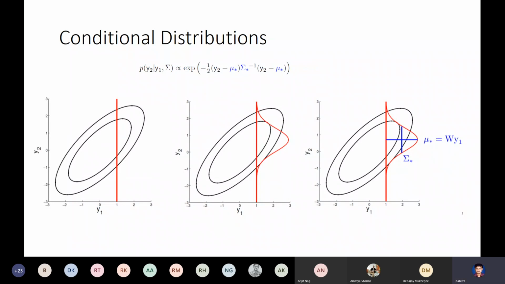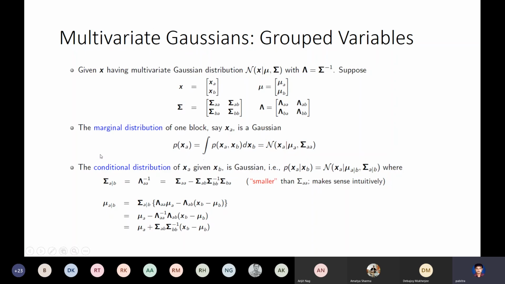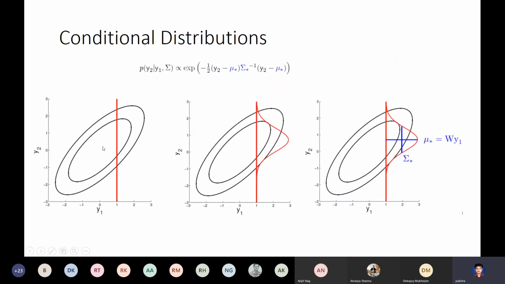If I look at the joint distribution and look at the contour plots, it looks like this. What I have done, just for visualization, is made the mean to be 0 at the origin, and sigma I have taken some form.